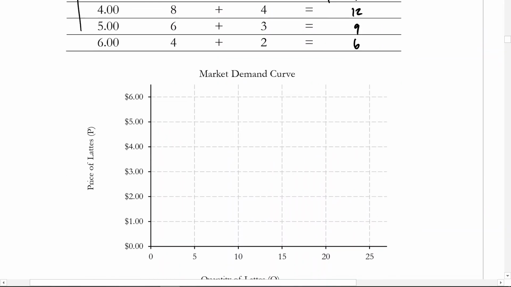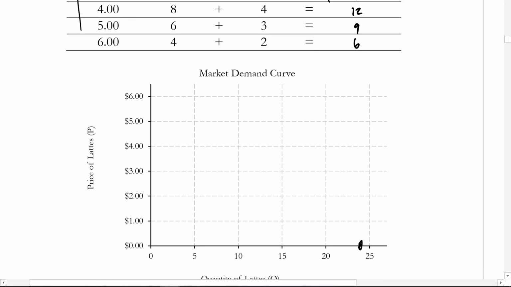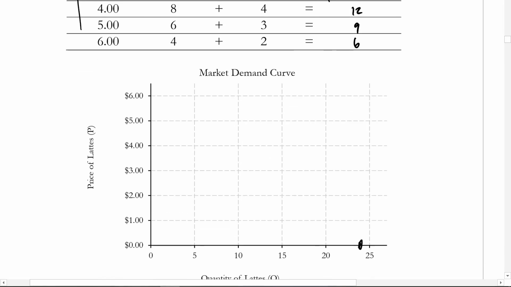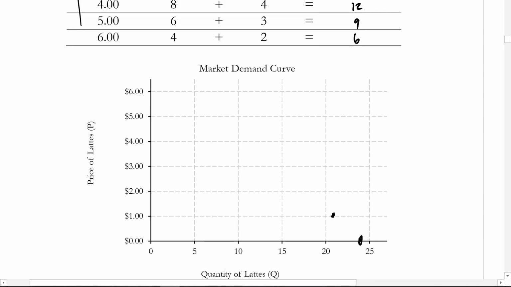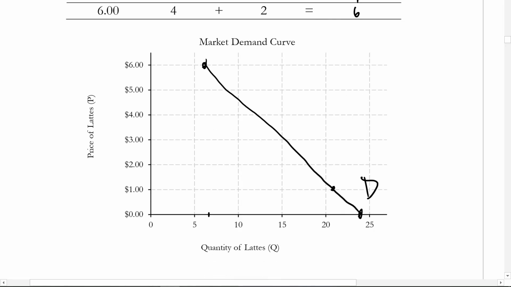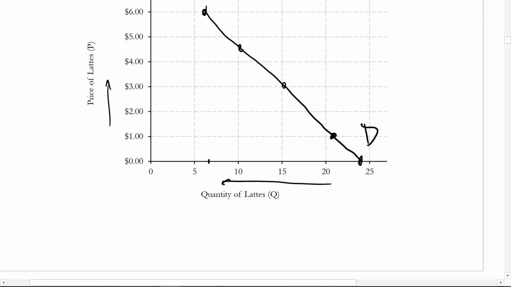So we're starting up here at about 24, moving down to 21, and finally down here at a price of 6, we have a quantity demanded of 6. So the demand curve for the market looks like this. So they are downward sloping, and as we can see, as the price increases, the quantity demanded falls right along here. So that's the market demand curve.